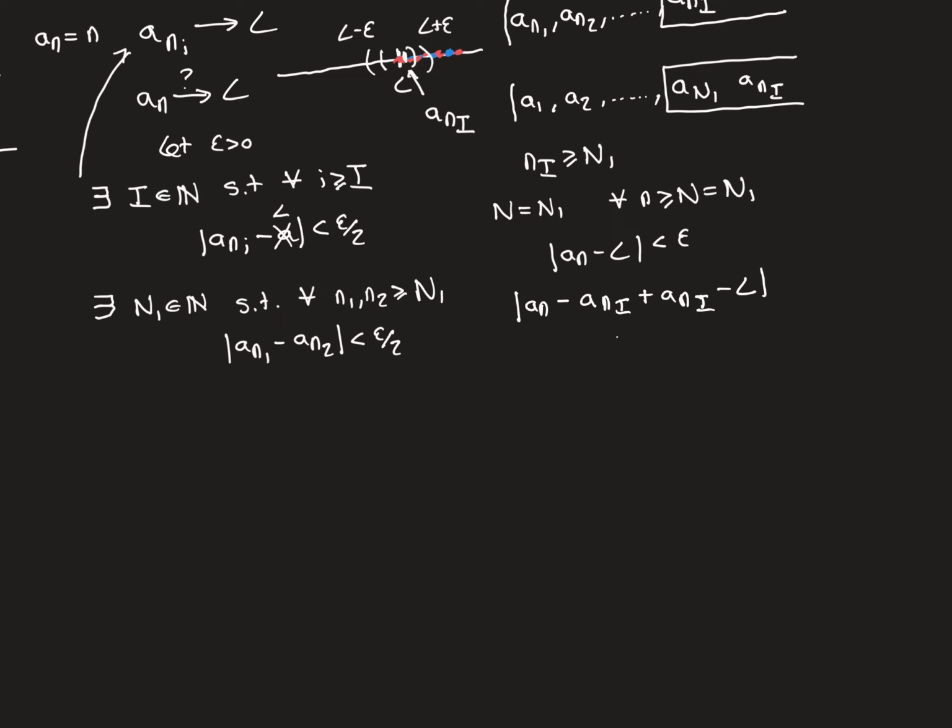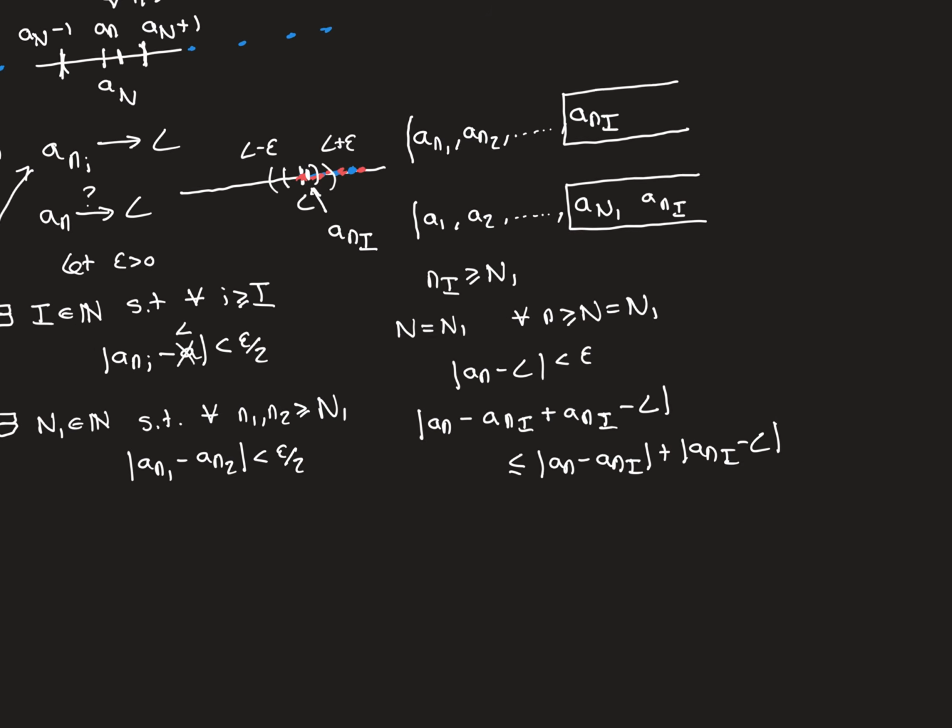What I can now say is that this thing, by the triangle inequality, is less than or equal to |a_n minus a_{n_i}| plus |a_{n_i} minus L|. And now what do I know?